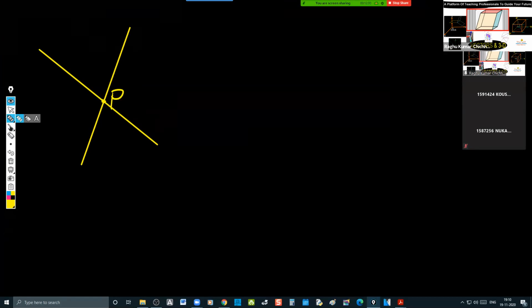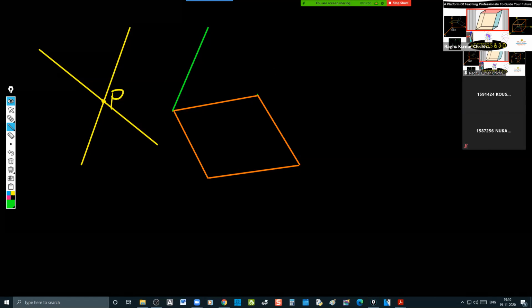But if you take one plane, this is one plane, let me say. And let me take another plane, which is like this. Now, the question I asked you: if these two are non-parallel planes, then they intersect in a line.